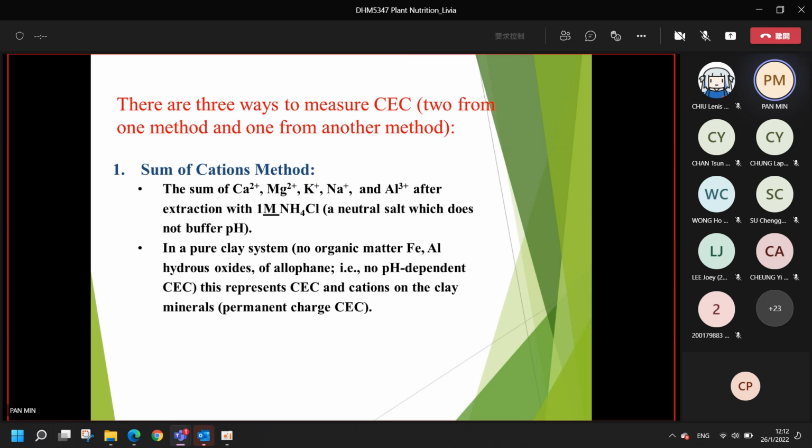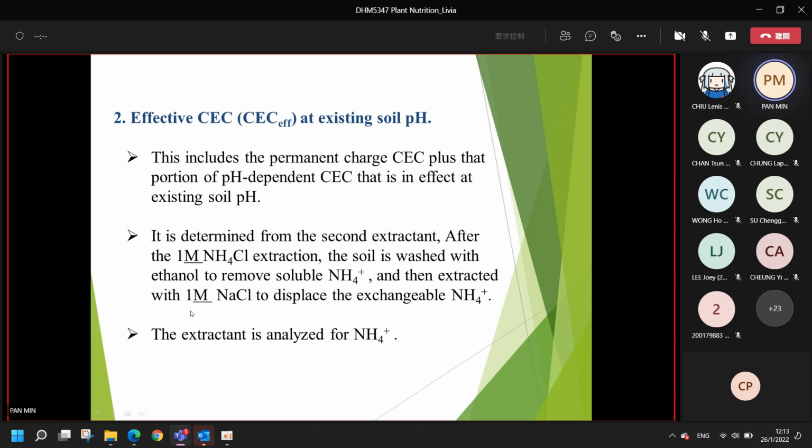If the soil is full of organic matter, when you use this solution to extract it, it is not that accurate to predict the CEC because there are still more permanent sites in the organic matter. And this represents the CEC and the cations on the clay minerals, and it shows the permanent charge CEC.